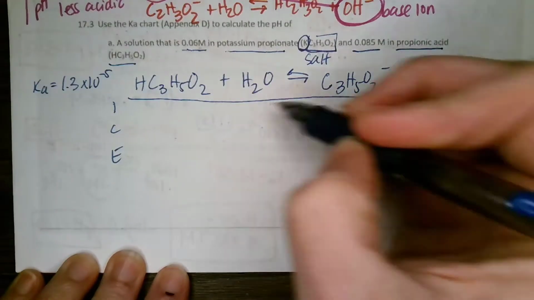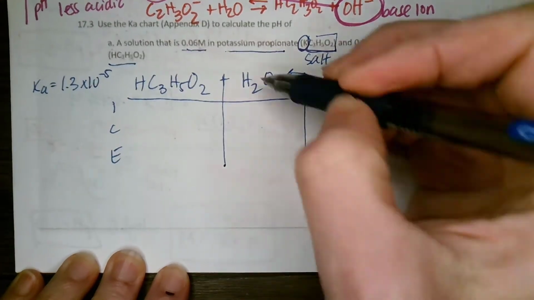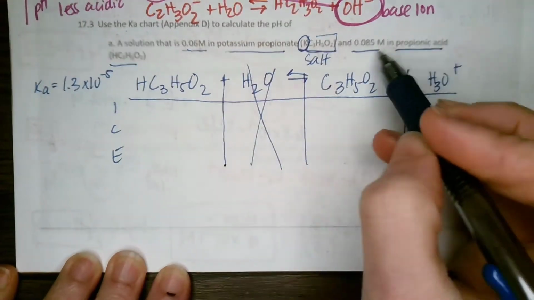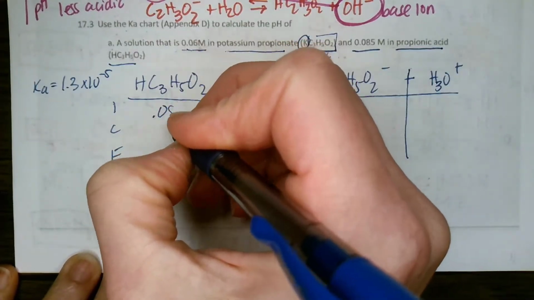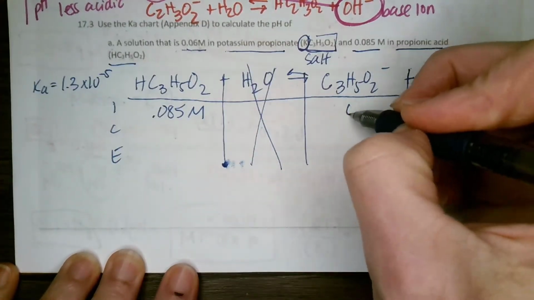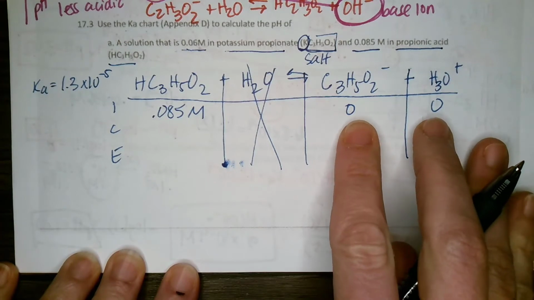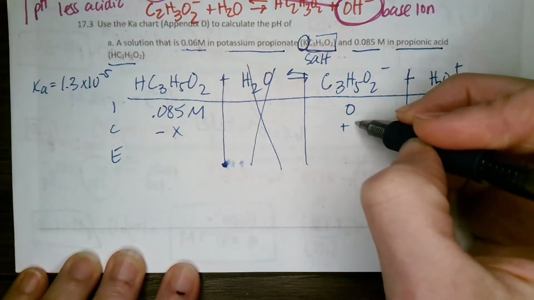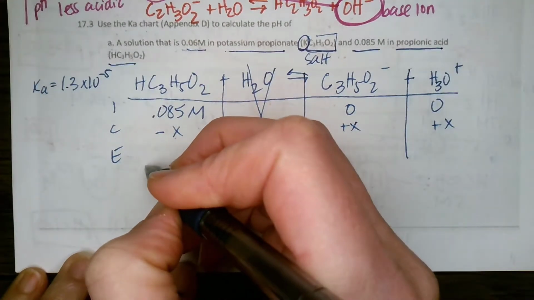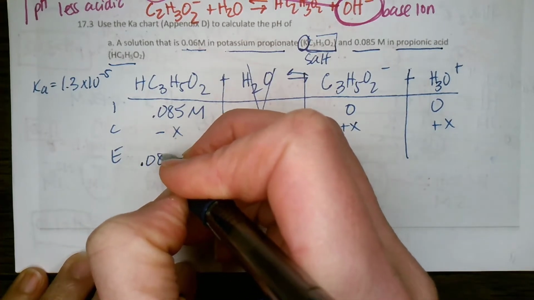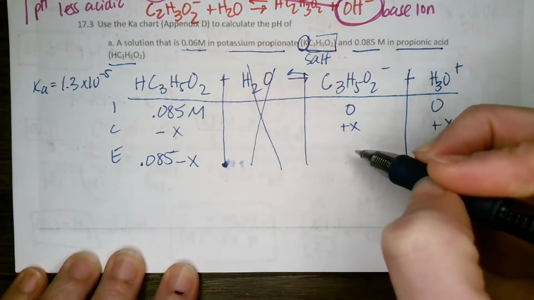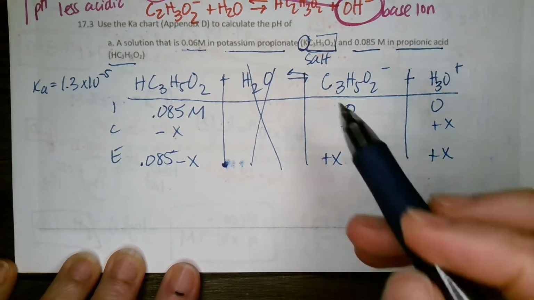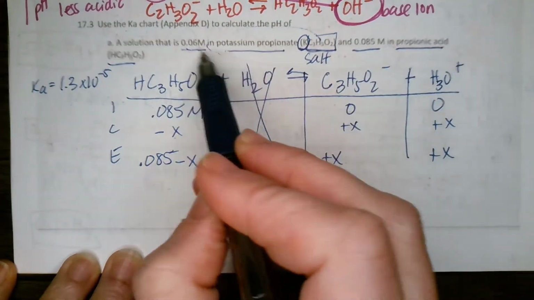All right, so if we set up our ice table here, we know that we can take water out of the equation. It told us that we started with 0.085 molar, and of course, we know we have no products. So we're going to lose reactant, gain product. And so at equilibrium, we're going to have 0.085 minus X, and here we're going to have X.